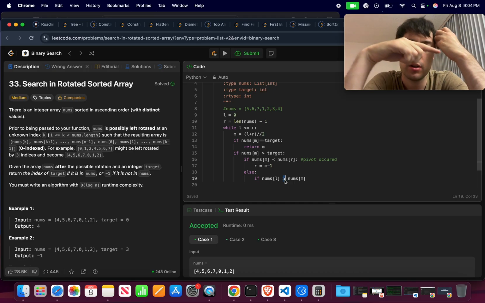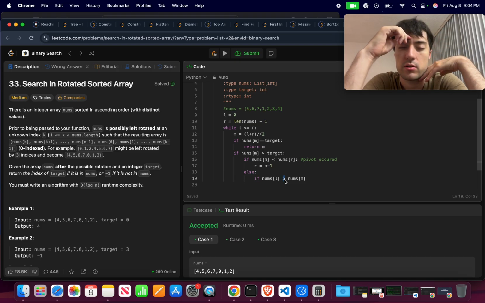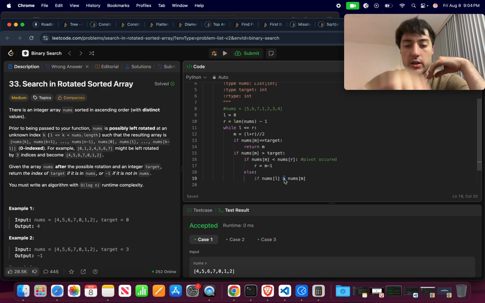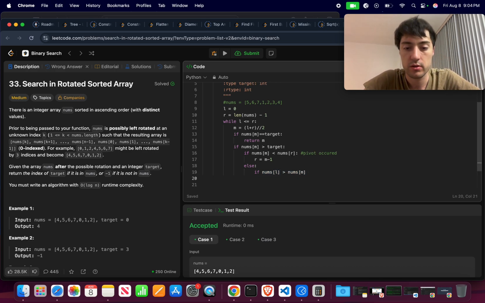If the smallest number to my left is bigger than my mid, I can get rid of the entire left side. So left is going to be equal to mid plus 1.